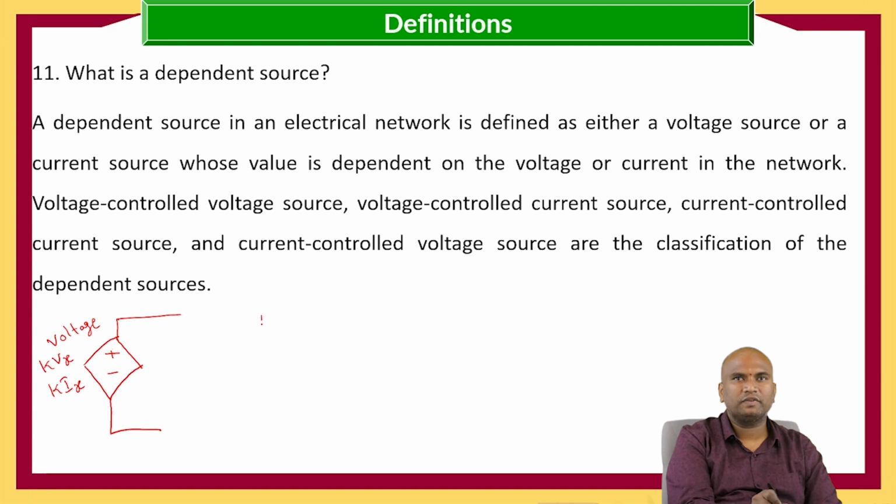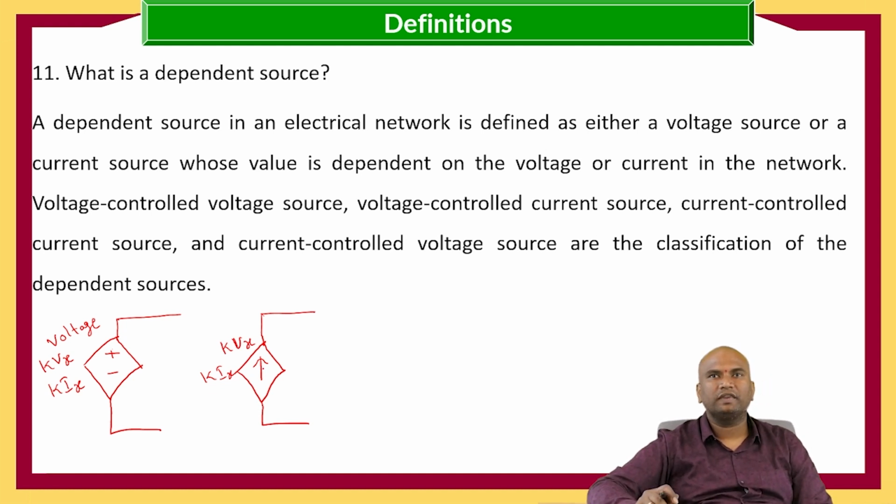In the same way, we can also have the dependent current source, k times Vx, k times Ix: voltage controlled current source and current controlled current source. These are the four different dependent sources.